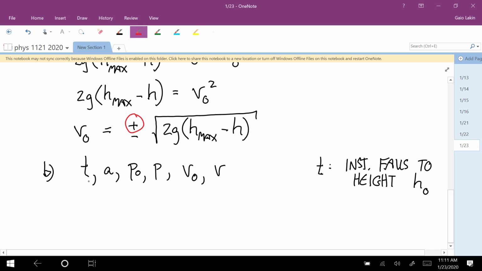We still don't know time. The acceleration is still negative g. P0 is h. This time p is also h. V0 is this ugly thing. That's the positive square root. And we're trying to calculate this v.